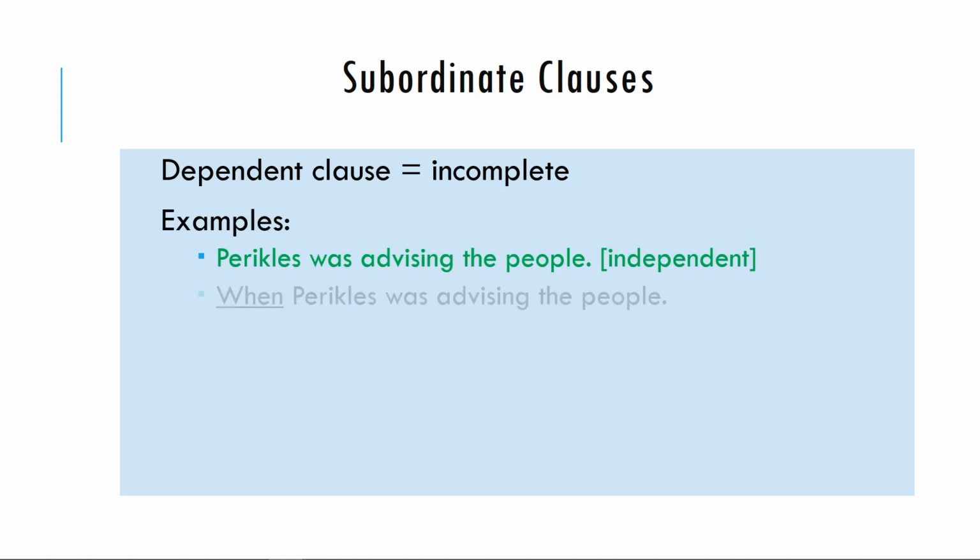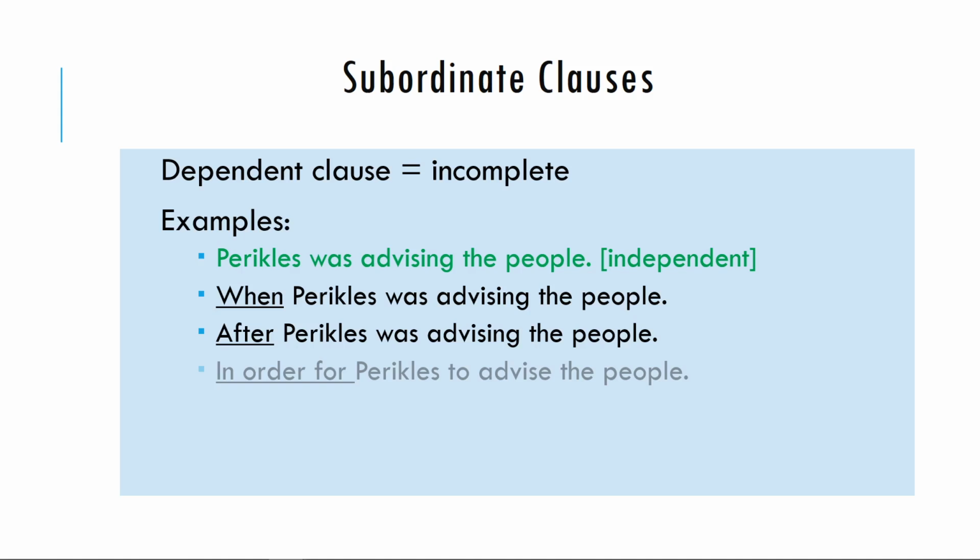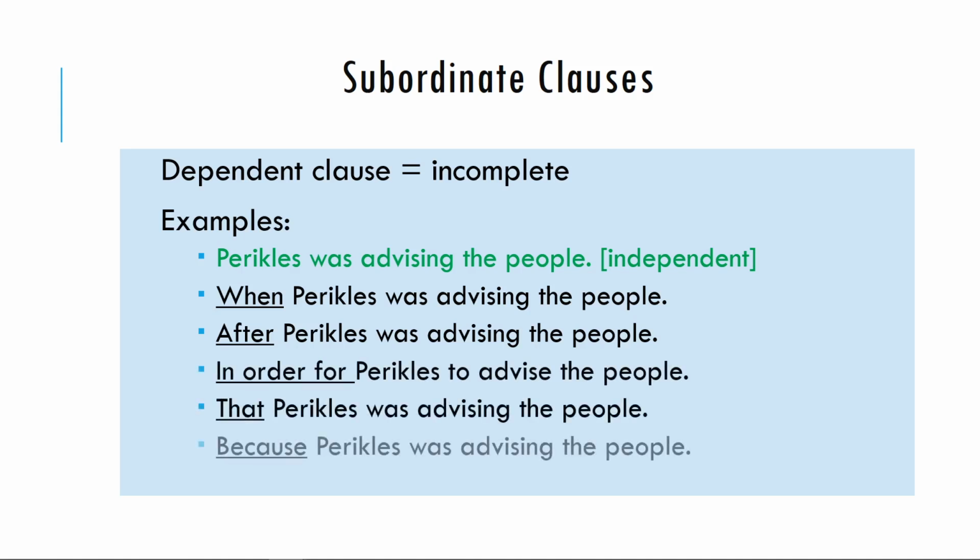But if you say when Pericles was advising the people, you don't have a full sentence, nor after, in order that, because. None of these are independent clauses. They all are subordinated. They're dependent upon some other main clause. And so we call these subordinate clauses, and we call this process subordination.